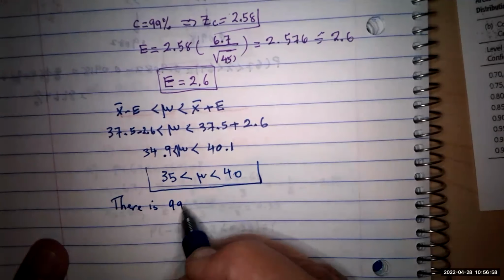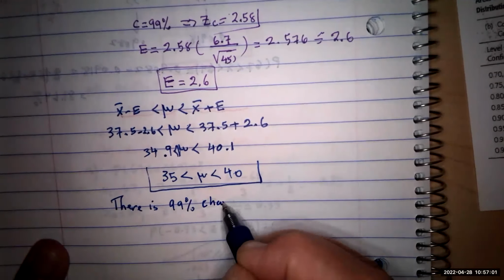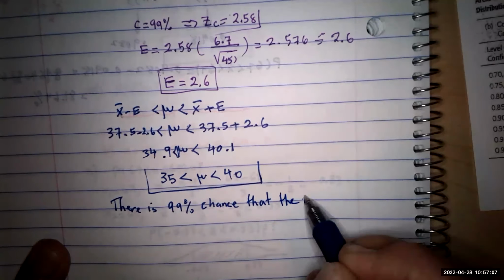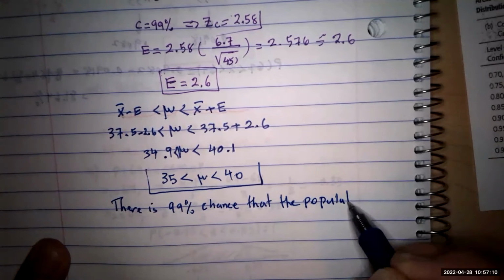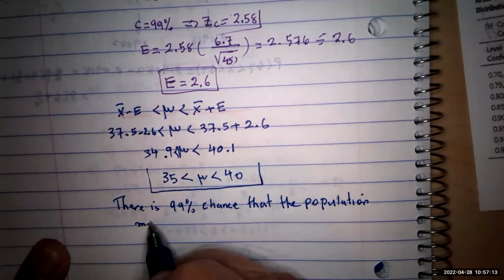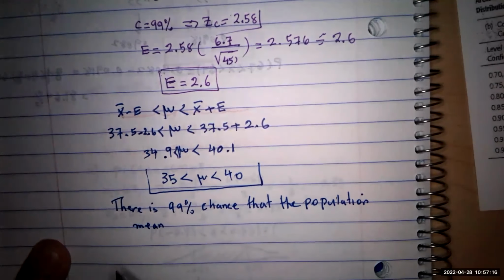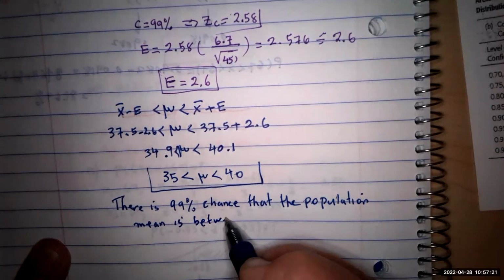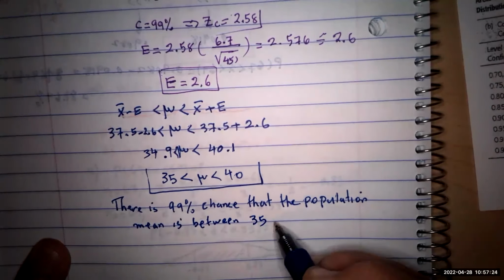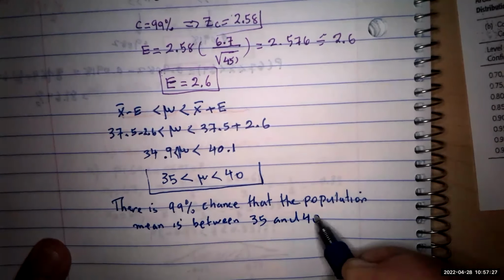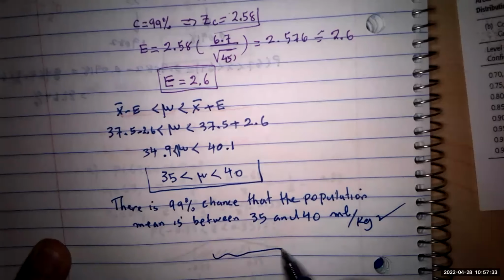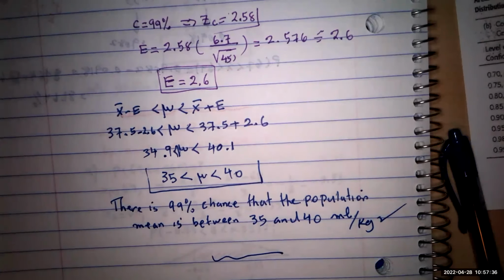There is a 99% chance that the population mean, the mean of the blood plasma, is between 35 and 40 milliliters per kilogram. Very nice, easy problem.